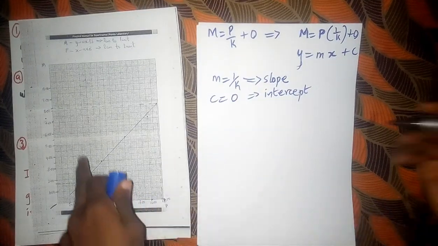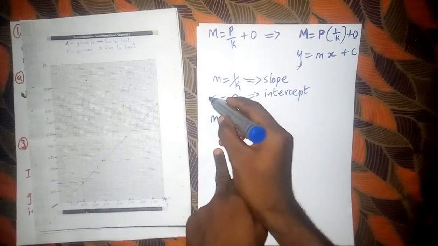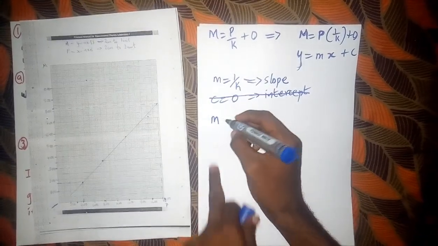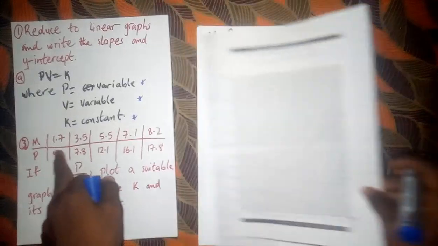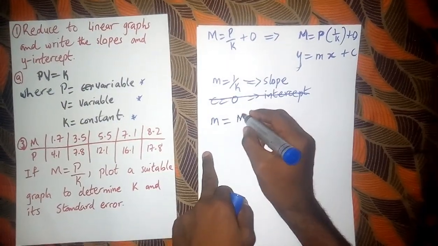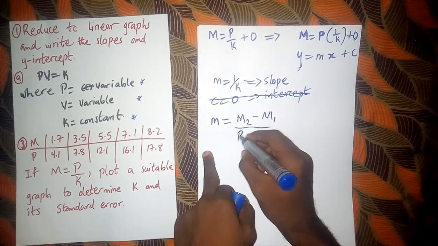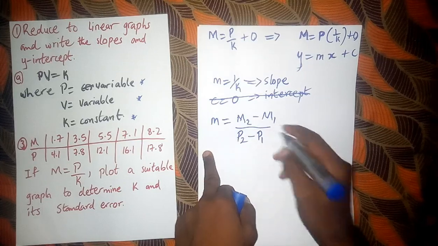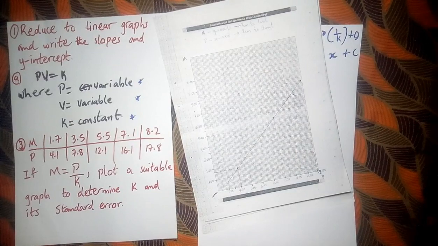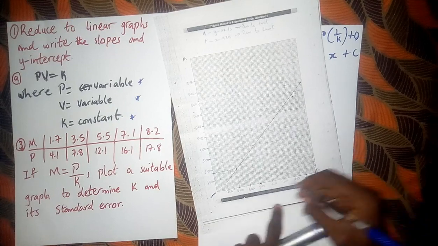From the graph, we don't have anything to do with our intercept; we are looking for k. We know that m is equal to m2 minus m1 all over p2 minus p1. From our graph, this is going to be our p2 here, and this is going to be our p1.